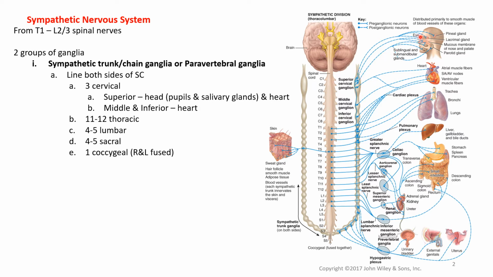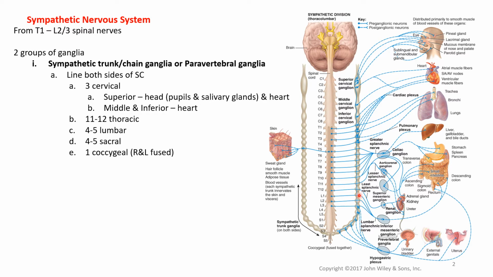So they're going to be affecting your lacrimal glands, your salivary glands, your pineal gland, which you'll learn about next time when we're doing the endocrine system. They're affecting all these glands in your head. The middle and the inferior ganglion are basically going to be going to your heart and stimulating different parts of your heart. Then we're going to have 11 or 12 thoracic ganglia in that chain ganglion.